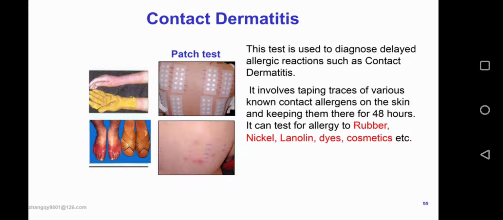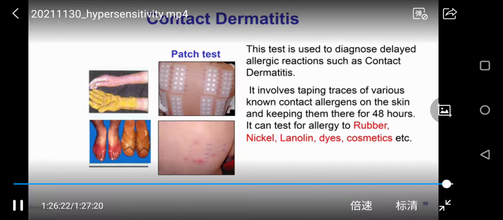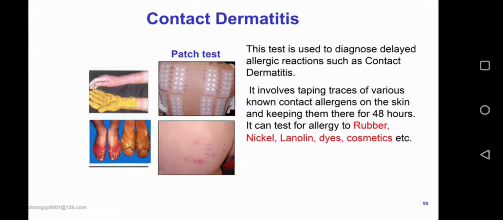For the type 1 hypersensitivity, the antigen will cause a local or systemic response, right? But for type 4, only a local response. Just a contact: if they contact a substance, they only have local dermatitis. So we call it contact dermatitis.